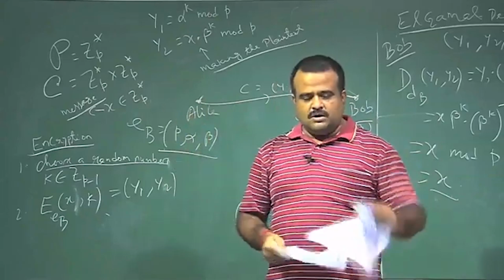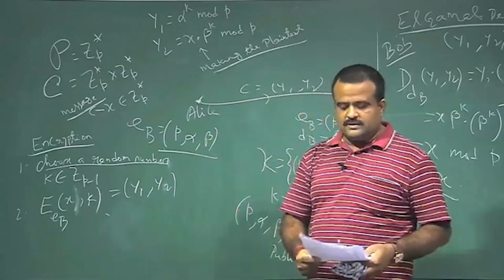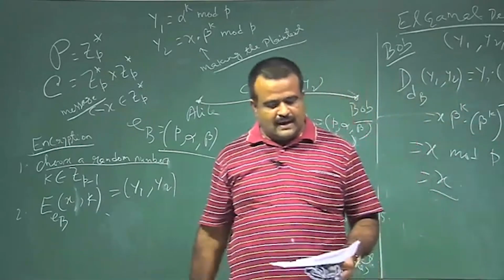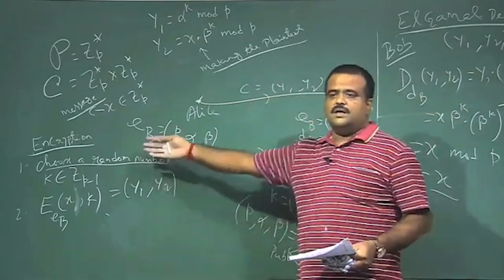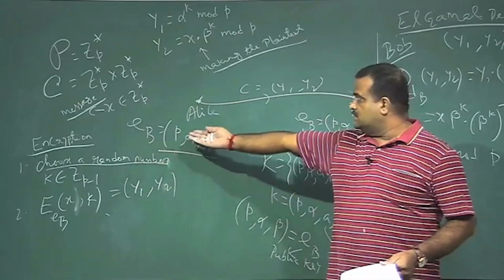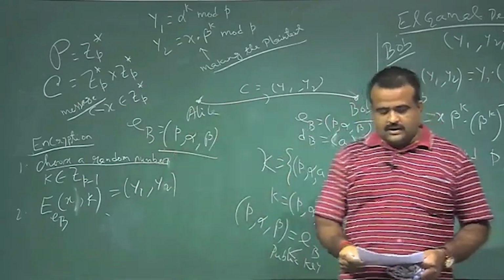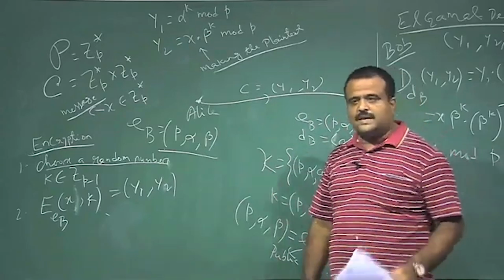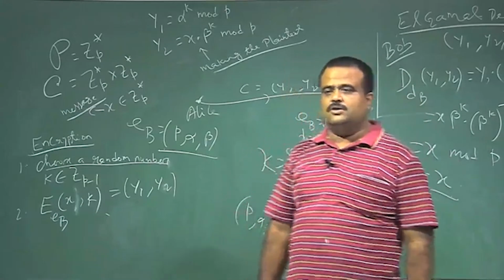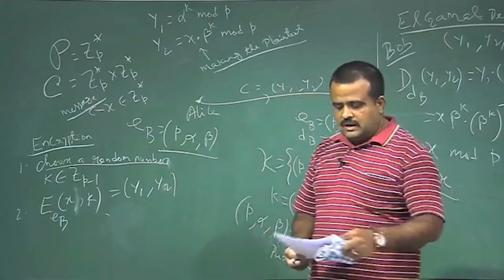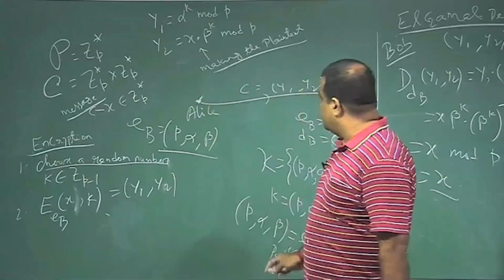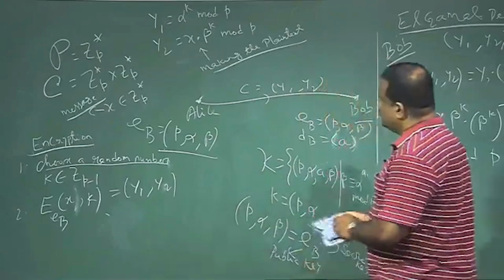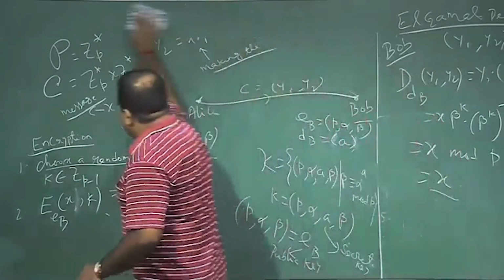So it is non-deterministic, because the ciphertext depends on both x and the random value k chosen by the encryptor or the sender. There will be many ciphertexts that are encryptions of the same plain text. So the ElGamal crypto system is non-deterministic in that sense.